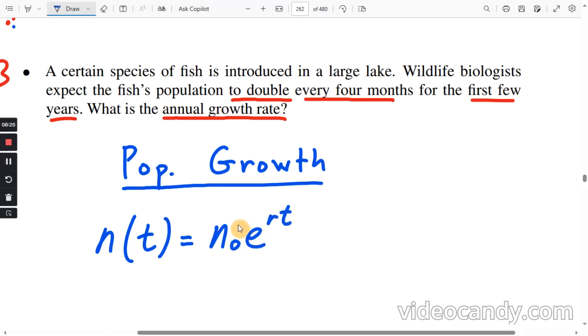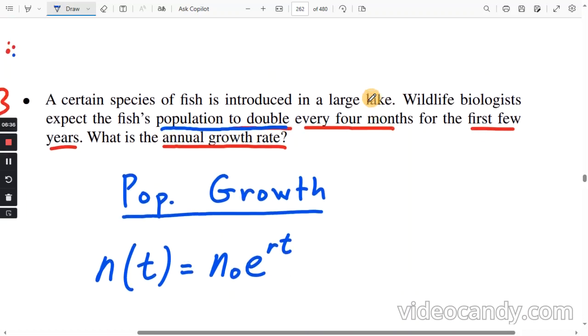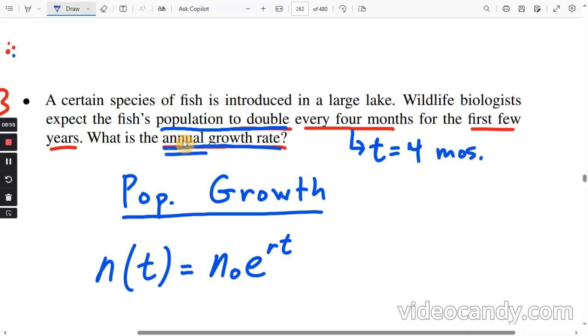So let's see. The population doubles every 4 months. So the time span, t, is just 4 months. However, they want the annual growth rate, in other words, in years.